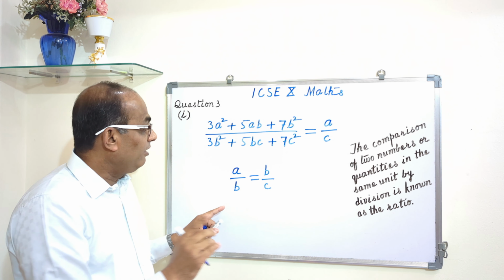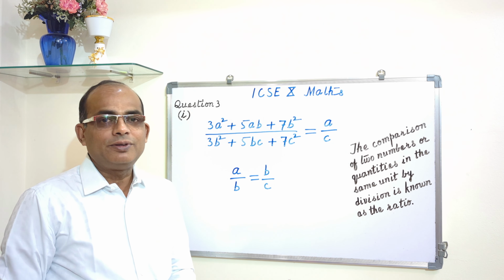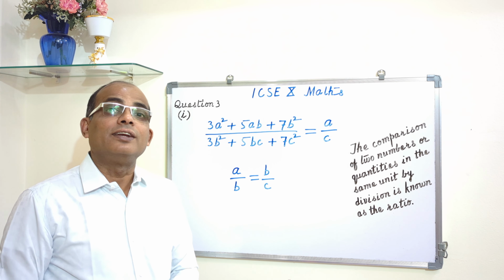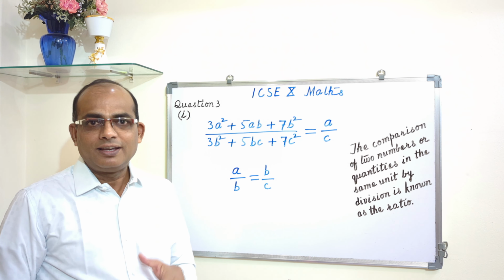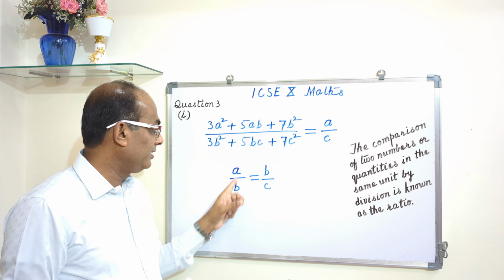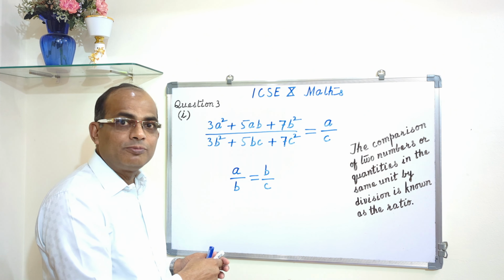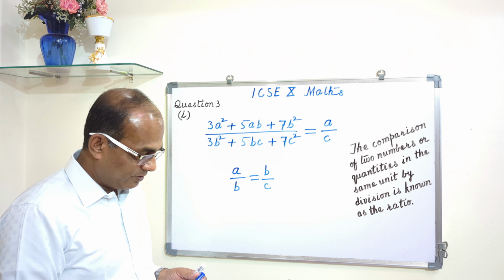So if A upon B is equal to B upon C, then we say that the three quantities A, B and C are in continued proportion. In our case, they are in continued proportion, so we'll write A upon B equal to B upon C, or that is B square equal to AC. If we cross multiply, we get B square is equal to AC. Fine? Okay. Now let's see the solution.